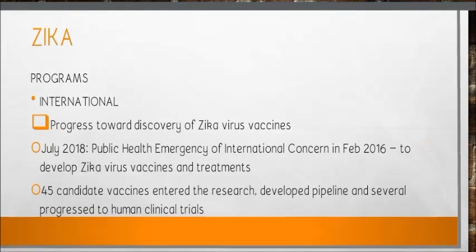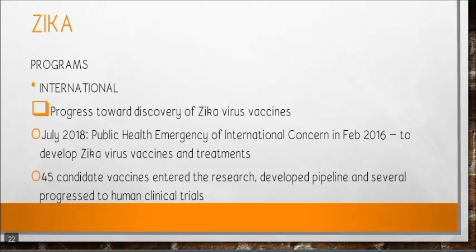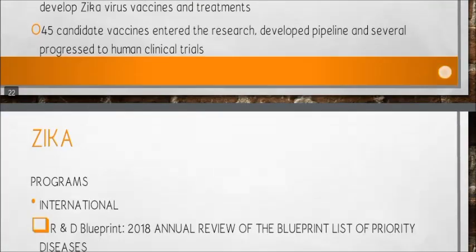Also, there is progress toward the discovery of Zika virus vaccines. Since the public health emergency of international concern in February 2016, efforts have been made to develop Zika virus vaccines and treatments. Because of that, 45 candidate vaccines entered the research and development pipeline, and several progressed to human clinical trials.